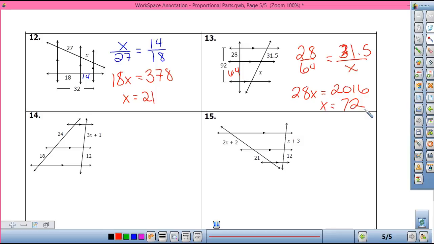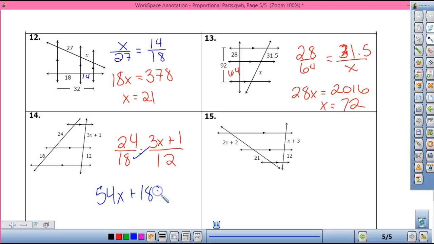All right, Carson, 14's for you. 24 over 18. 1 over 12. Is he right? We want to be more disciplined. So we got to distribute this. We get how many x? 54x plus 18 equals. Uh-oh, I've heard two different answers. 288.